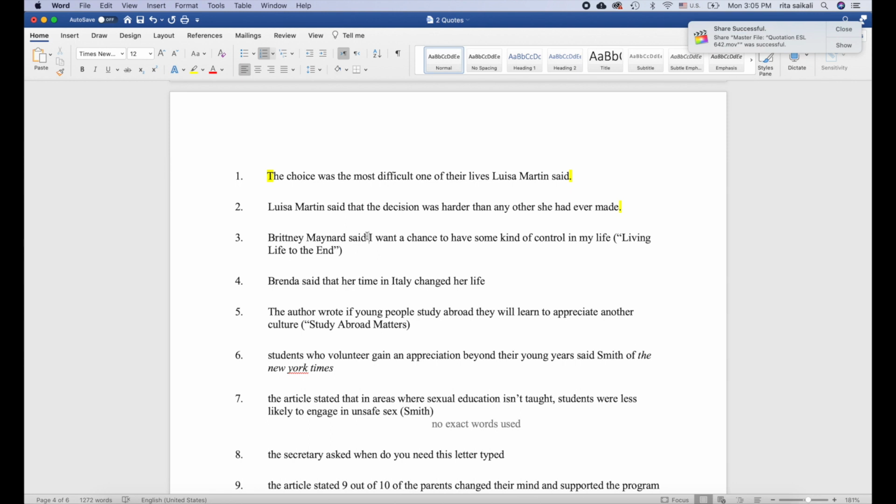We know that this needs quotation marks because "I want a chance to have some kind of control in my life." Okay? So this is the beginning of the quote. This is the end of the quote. And the name of the book, we do not capitalize the name of the book. Okay? If anything, depending on the format, remember we talked about MLA and all different types of format, usually it is in italics. Okay?